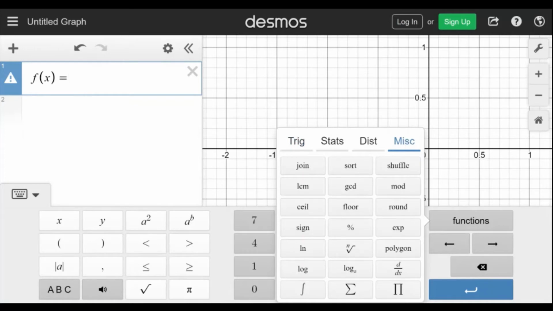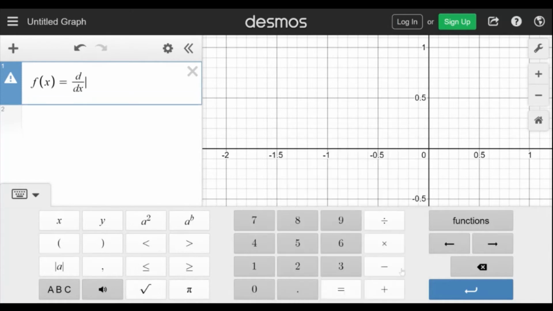That's derivative. Oh, hold on. Then you can type it. All right, 2x minus 3. Who taught me that? Kenna.